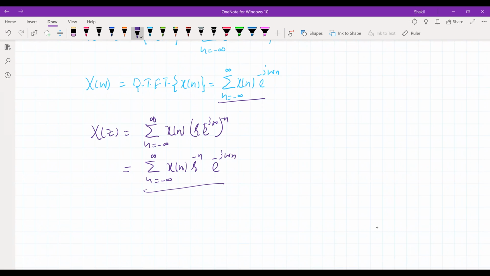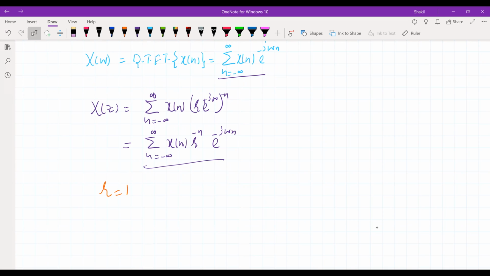Please observe these carefully. Now, a very important observation: if we put r equal to 1 in the Z transform, what will happen to the Z transform? This will be x of n, r to the power minus n, and r is 1, so it will be 1 raised to the power minus n, which is 1. So it will be simply the discrete time Fourier transform.